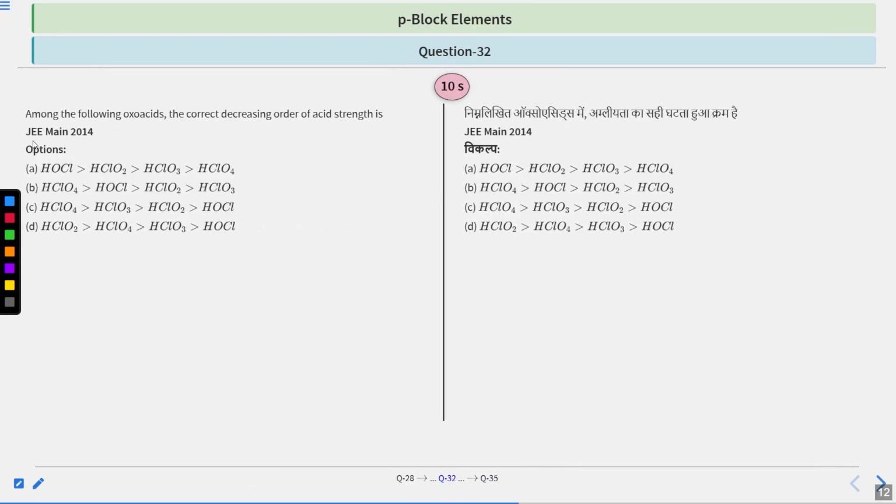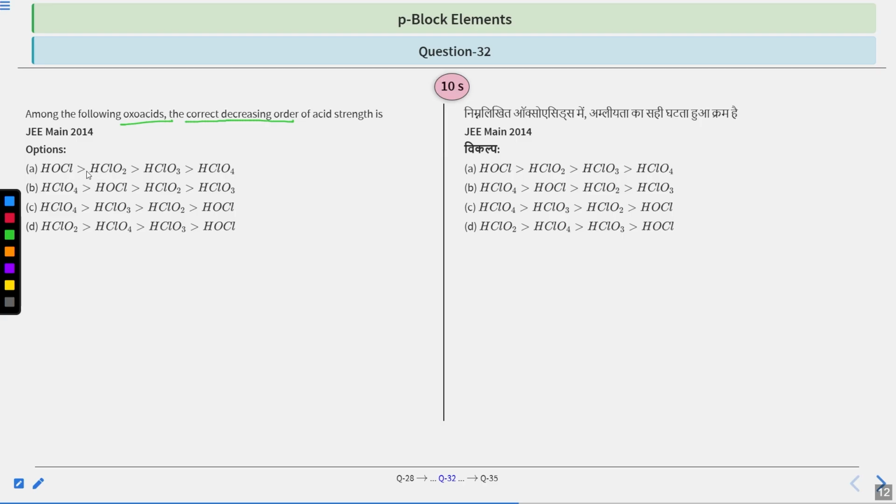Question number 32. Among the following oxoacids, the correct decreasing order of acid strength is. Again, we have to select the correct decreasing order of acid strength of the oxoacids given in the options. So the options are: HOCl most, then HClO2, then HClO3, then HClO4.